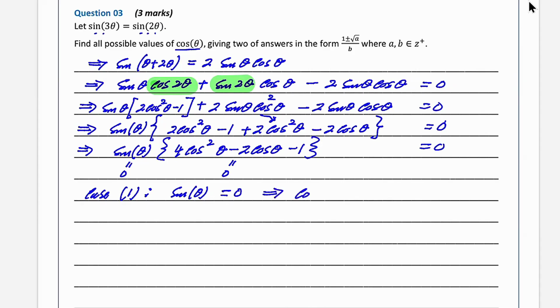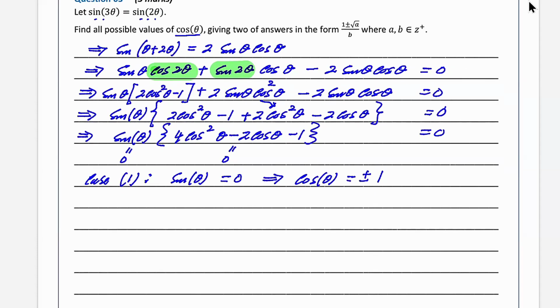You know your previous knowledge, plus and minus 1. Why? Because sine theta is 0 when theta is equal to 0, pi, 2 pi, 3 pi, 4 pi. Then at 0, pi, 2 pi, 3 pi, 4 pi, what would be the cos value? Plus 1, minus 1, plus 1, minus 1, plus 1, minus 1. Okay? All right. That's the thing.